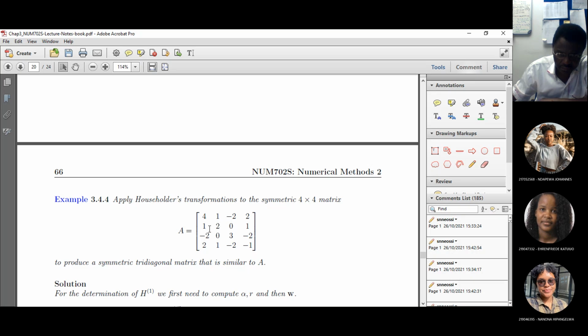Tridiagonal means that the only non-zeros will be the sub-diagonal, then the main diagonal, and finally the super diagonal. Like that. So these will be the non-zeros. Now the zeros will be created in the first column, but below these 3 diagonals.